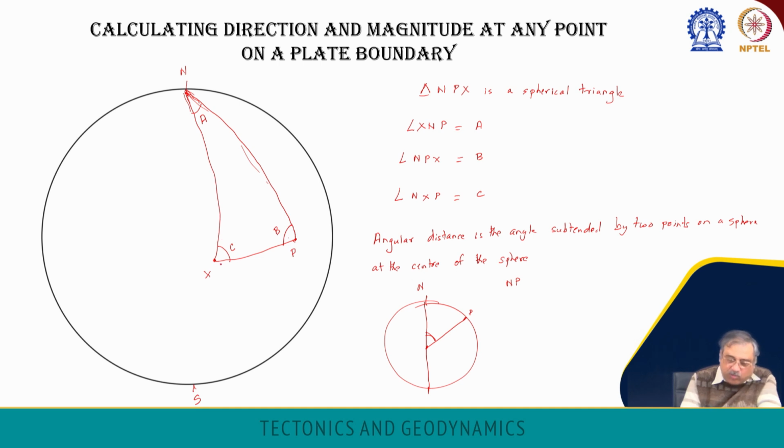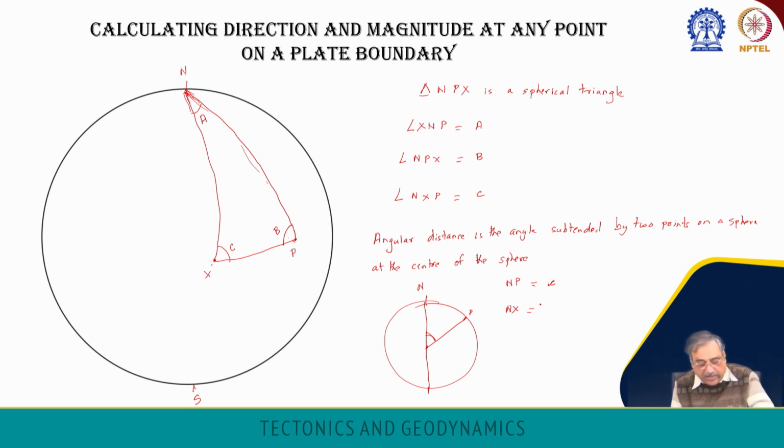Conventionally, what we do is we depict this angular distance by the small letter of the equivalent angle opposite on the spherical triangle. So in this triangle NPX, side NP is opposite this angle here, so we will refer to this as small c. Similarly, NX is the angular distance of point X with respect to geographic north.